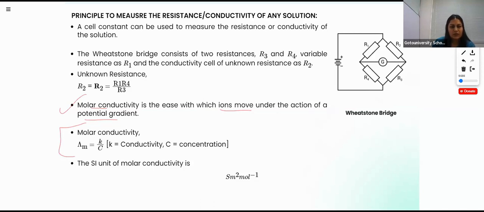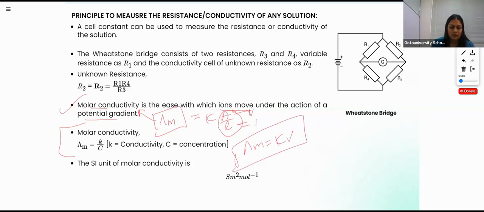Its relation with conductance: lambda m, molar conductivity, is equals to kappa into A by L. If A is equals to volume of solution, that is V, and L is equals to 1, then lambda m will become kappa into V. And as we know kappa is G star by R, then lambda m will become kappa by C, as discussed here.